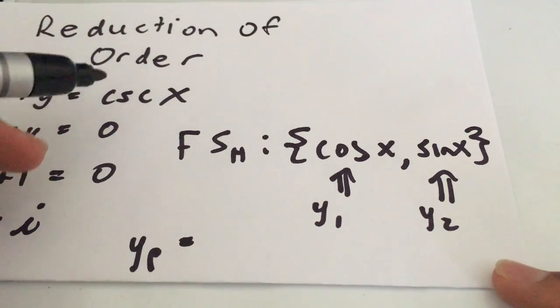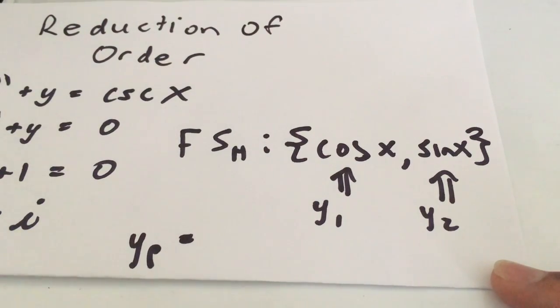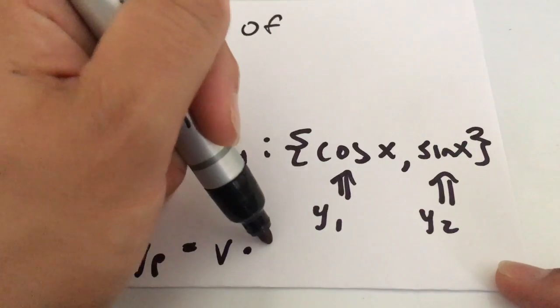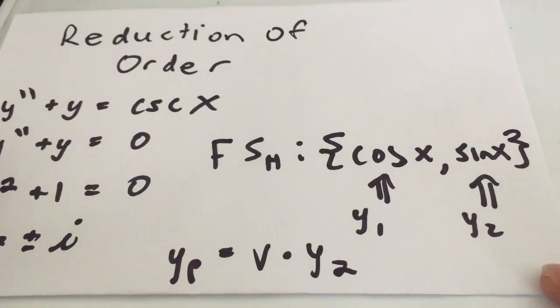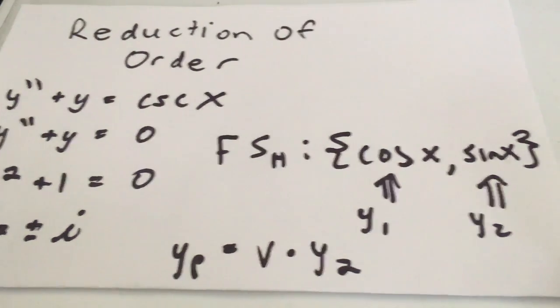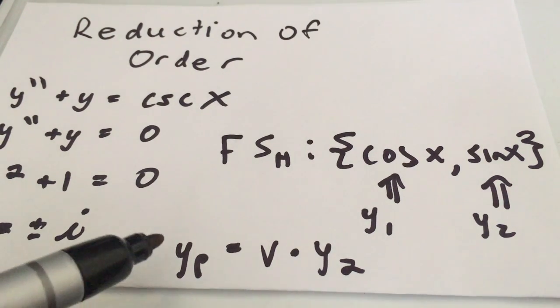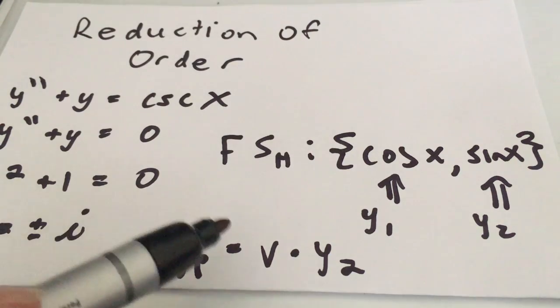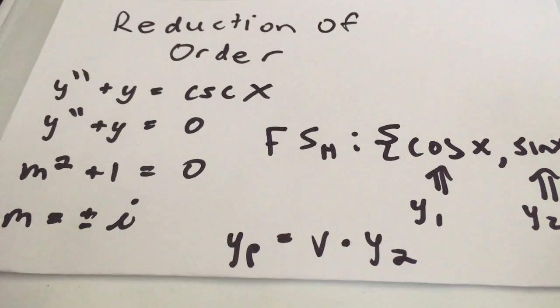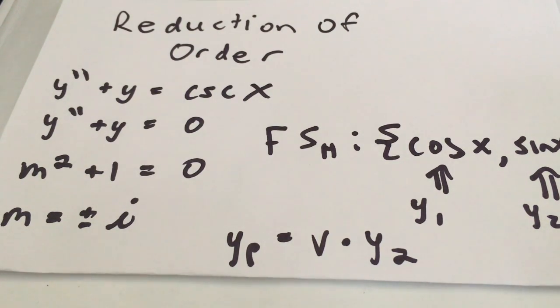Now, since this is cosecant of x, which is 1 over sine of x, let's say we use y2 and say v times y2. Now, to solve for our yp, we're going to use this idea of substituting yp as a first and second derivative into this original equation and finding our yp by finding v.